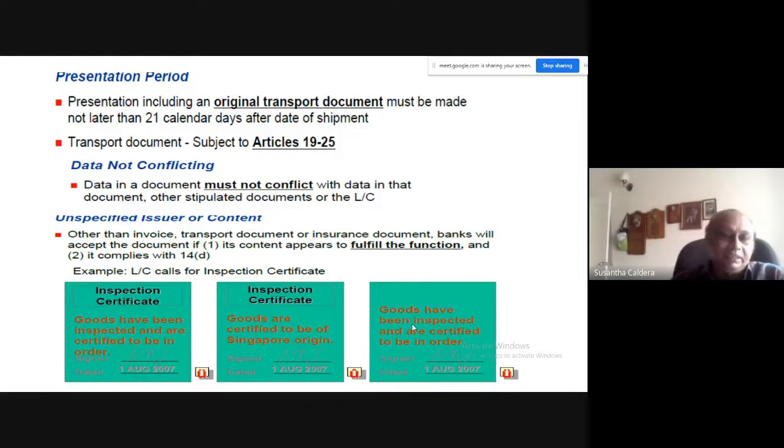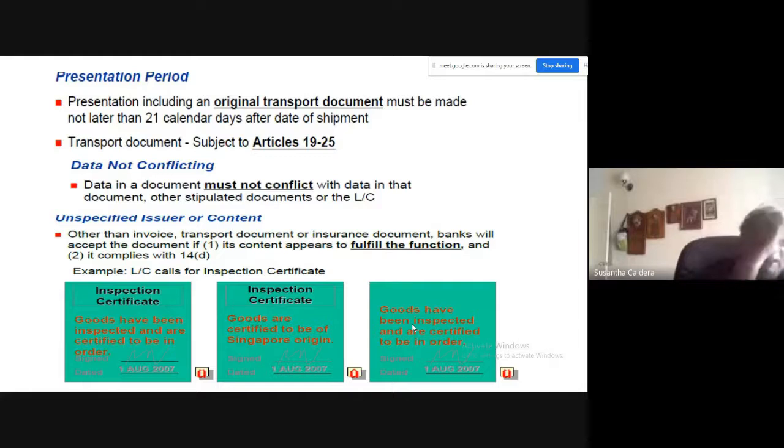Unspecified issuer or content, other than invoice, transport document or insurance document: banks will accept the documents if its contents appear to fulfill the function, and it complies with 14(d). What is 14(d)? It says data in a document, when read in context with the credit, the document itself and international standard banking practice, need not be identical to, but must not conflict with, data in the document, in other stipulated documents or the credit.